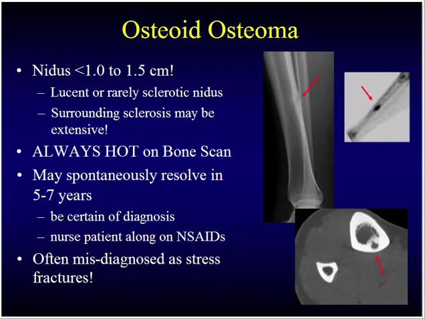Oh, this is a good time for me to mention, why is a bone scan hot? You know, there's not some technician just dropping black ink on the thing before he hands it to you or whatever. Why is a bone scan hot? Bone scans show two things, right? Osteoblastic activity, okay? And what's the other thing that will make a bone scan hot?